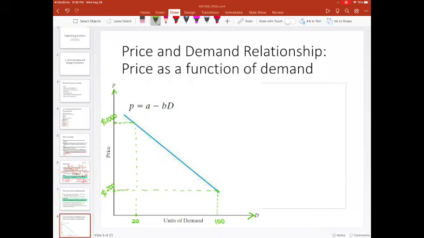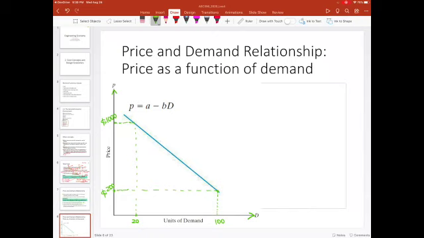So you end up with a line going down, not going up, which means when price increases, demand decreases, right? And when price decreases, demand increases. That's what the line going down tells you.